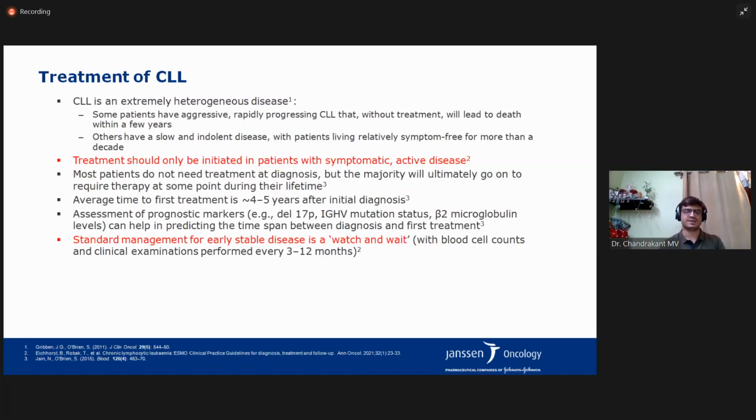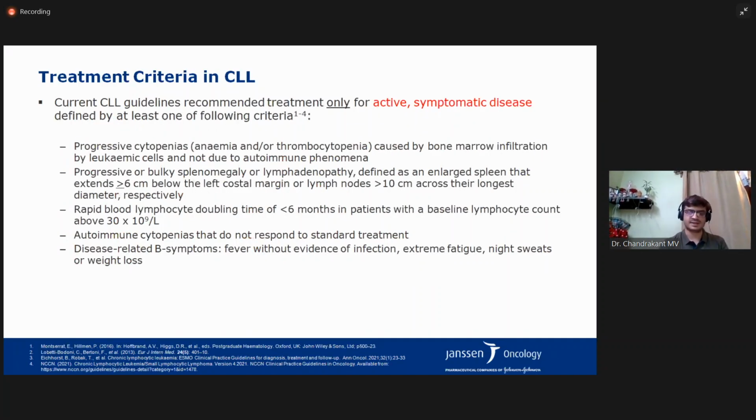So before we start treatment, we must make sure that any one of those criteria is met, and we must always do chromosomal mutation analysis, beta 2 microglobulin for the CLL IPI scoring. We must specifically address the deletion 17p, whether it is there or not, and the IGVH mutation status also becomes important. So these criteria we already discussed.